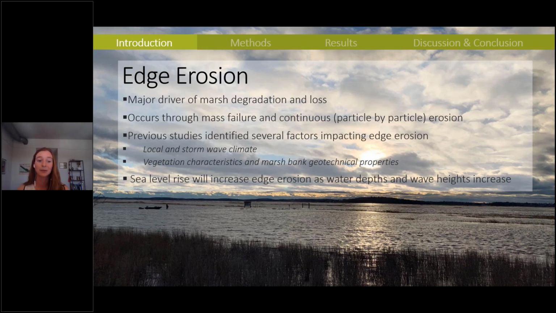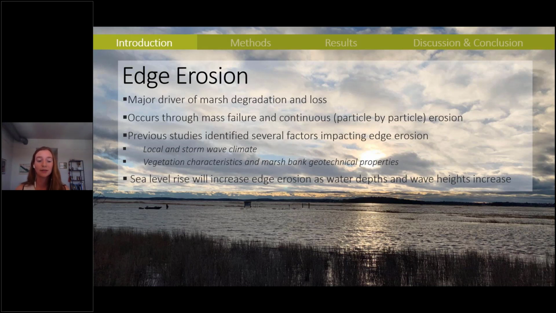This causes an unstable vertical profile that can promote this kind of mass failure, where it eventually just topples over because there's nothing holding the top of it up. In addition to waves, vegetation and substrate characteristics and geotechnical properties can play a role in erosion. So the roots and how strongly the sediment is held together make it maybe less erodible or less prone to erosion by waves.